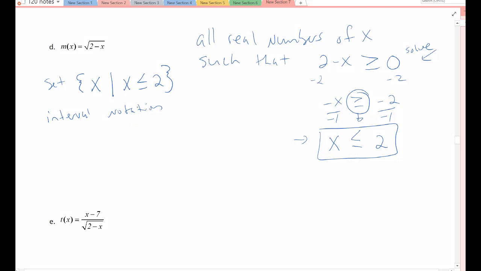I threw out anybody bigger than 2. I only want those less than 2. So I threw out the infinity side. I'm going to keep the negative infinity side. And so we're going from negative infinity up to 2, and I have equal to 2, which means I included brackets instead of parentheses. Bracket means 2 is included. Parentheses would mean 2 is not included. And so my domain is every number between 2 and negative infinity, including 2.